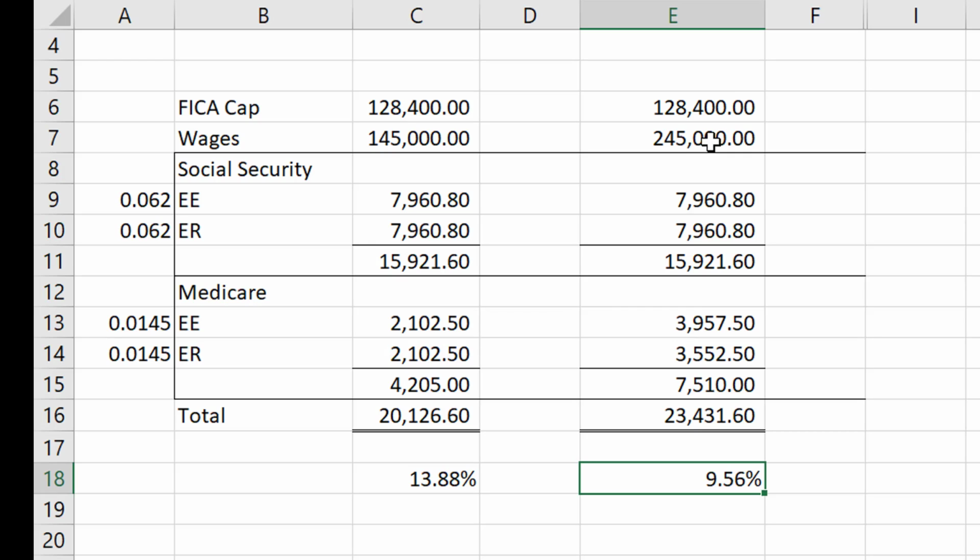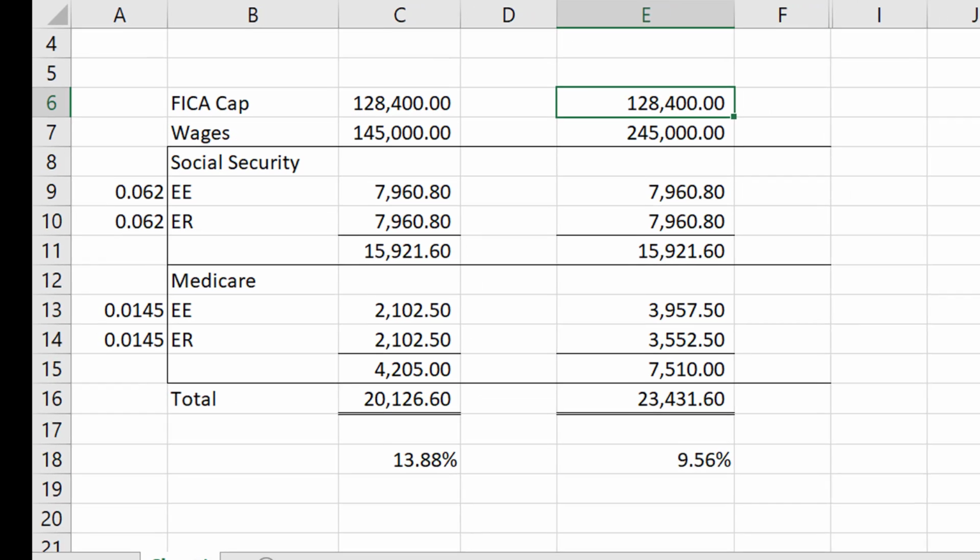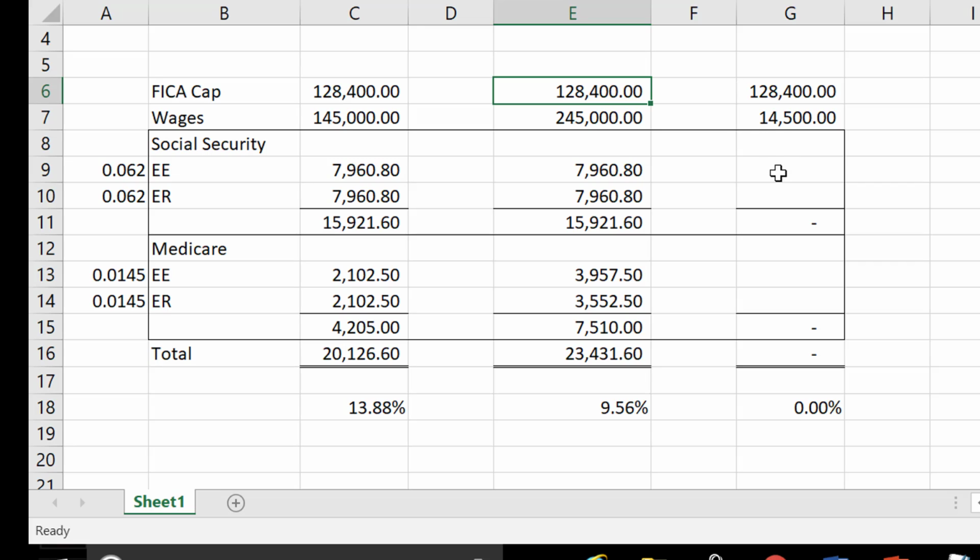So the reality is employment taxes are regressive. As the tax base increases, the rate actually decreases. And that is because of the FICA cap. All right, now let's go back and look at Sandy if she only makes $14,500. So in this case, she is well below the FICA cap. So we simply multiplied by her wages.